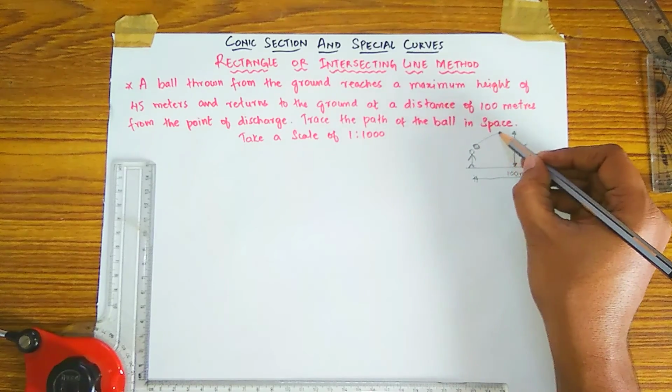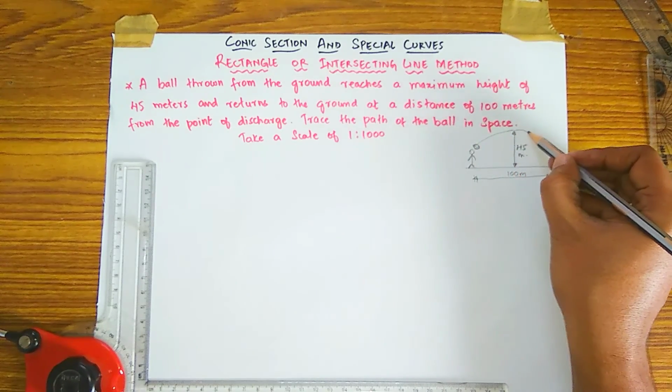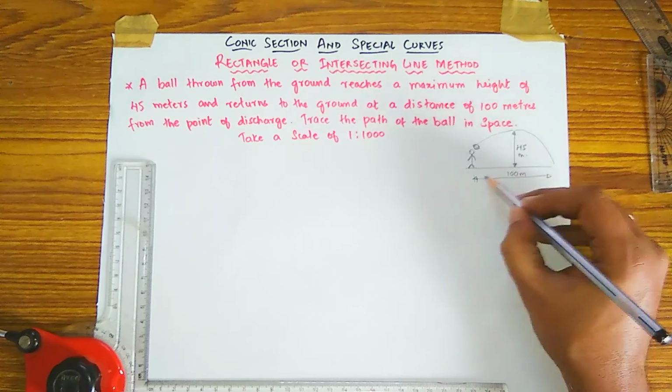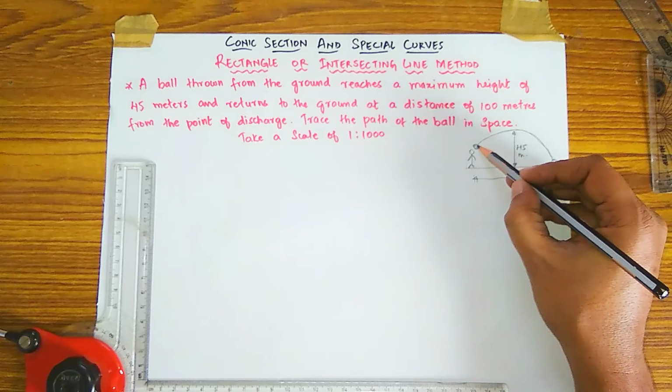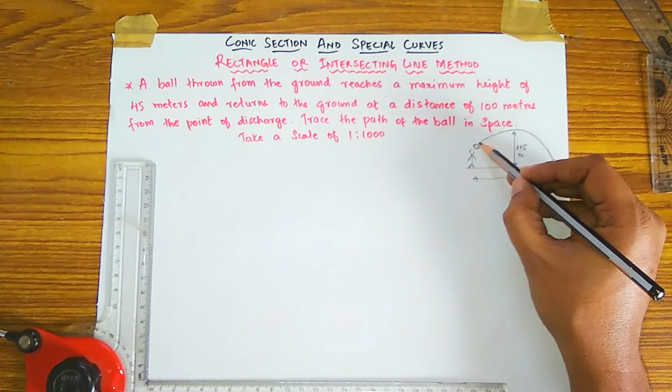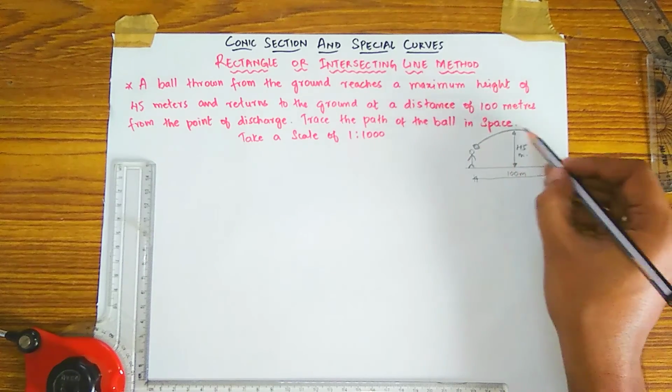The ball is thrown and it goes to the height of 45 meters, till the 100 meters distance. Here the ball comes down. This is the parabola, the path which the ball takes in space.